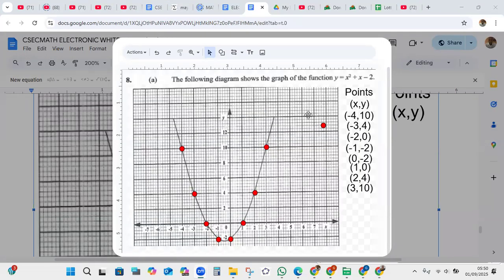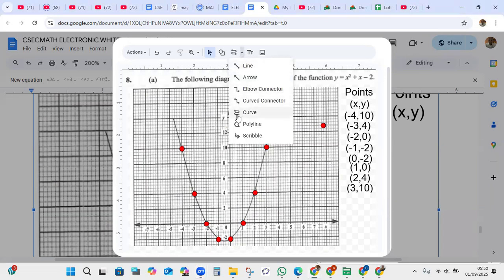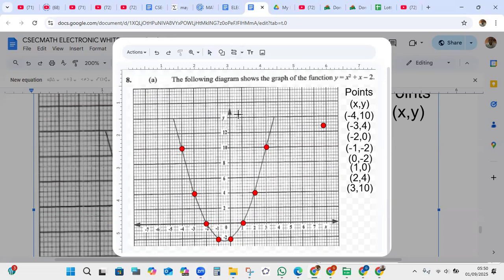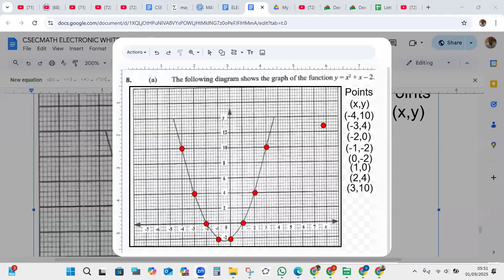So now we have plotted all the points. We are now going to join the points with a curve. I'm going to trace this curve.